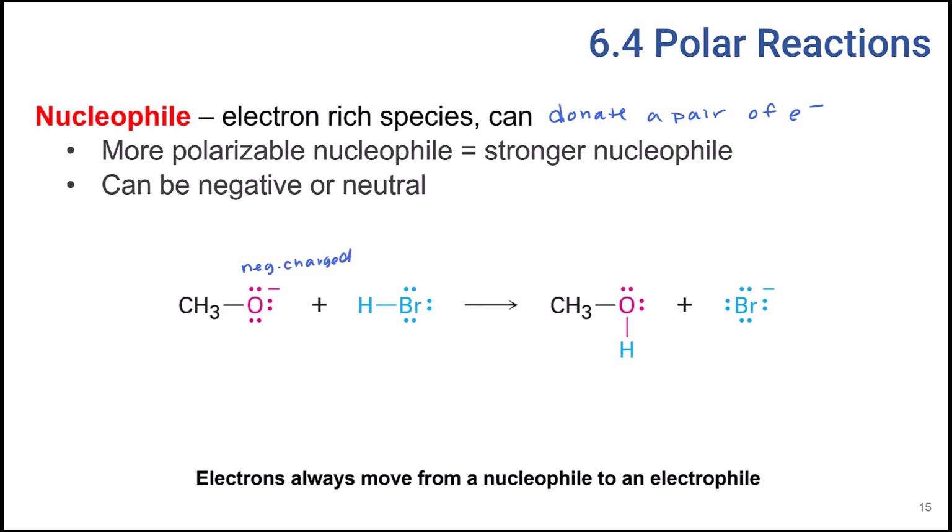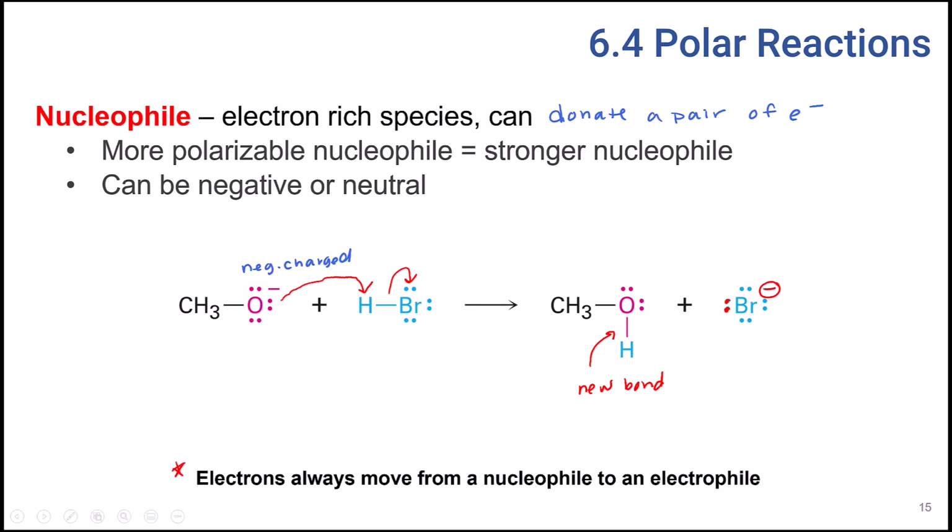So these electrons from here on the negative charge can grab a hydrogen and the electrons go on to the bromine. So we now have this extra pair of electrons, a negative charge on the bromine. The O has formed a new bond to H. So here's my new bond. My product now is neutral.